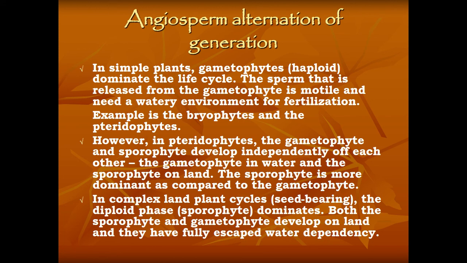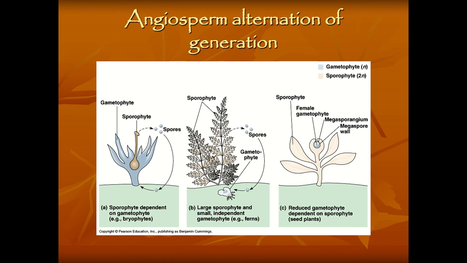In the complex land plant cycle of seed-bearing plants, the diploid phase dominates, in which both the sporophyte and gametophyte develop on land, and they have fully escaped water dependency because they produce the seed. As you can see here, the sporophyte depends on the gametophyte in the bryophyte group.